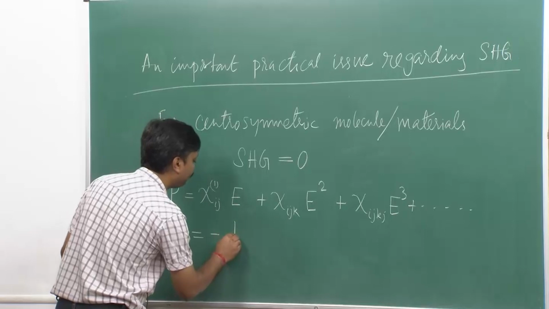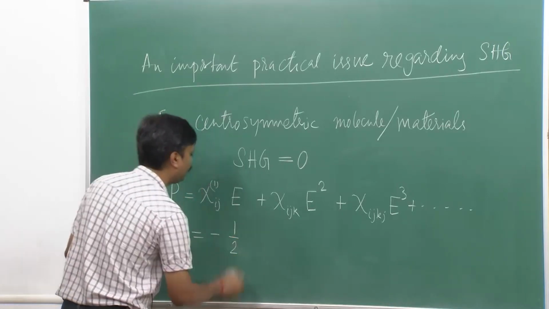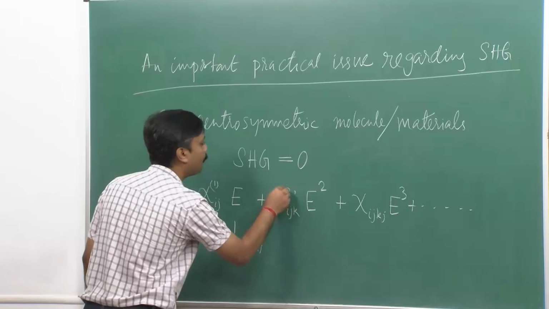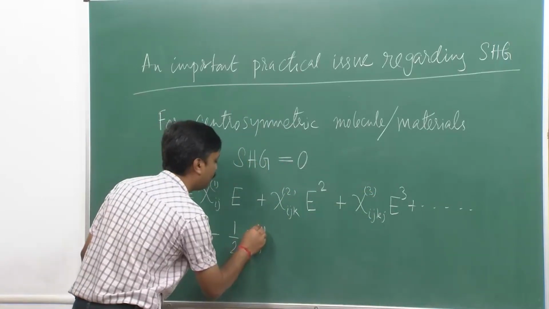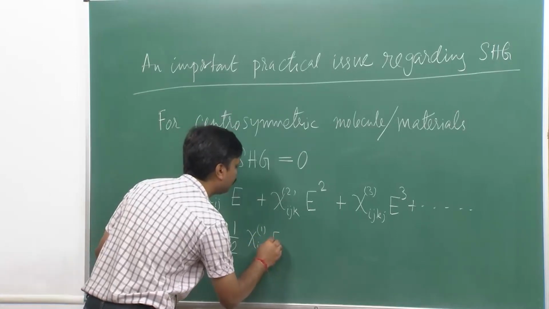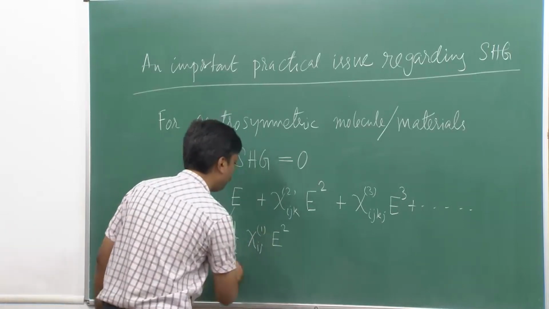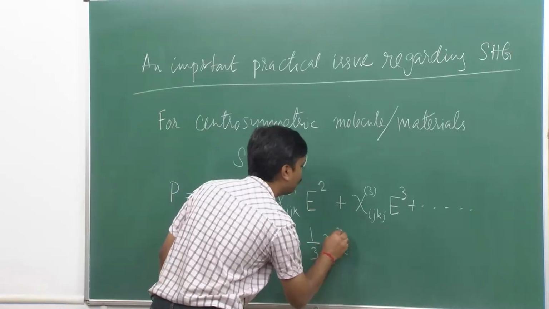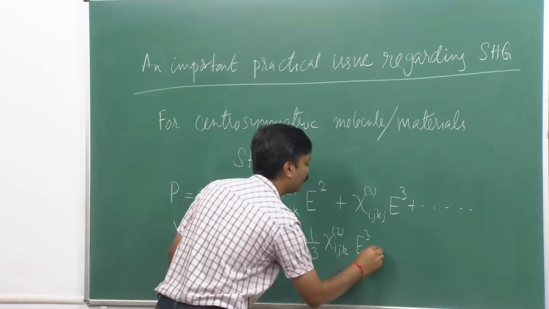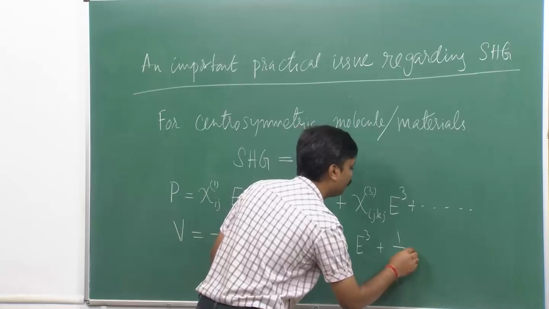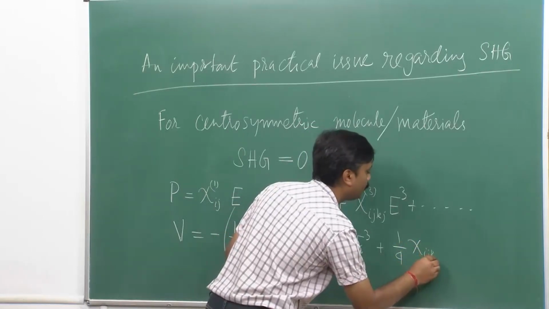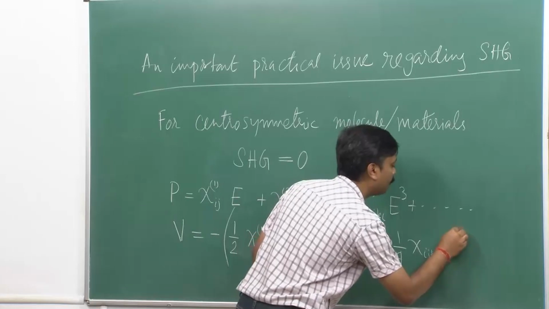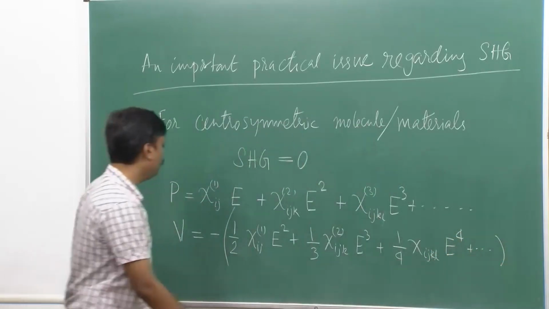It will be like half chi ij, okay, and so on, with a negative sign on this one.